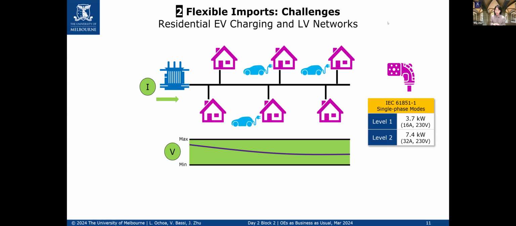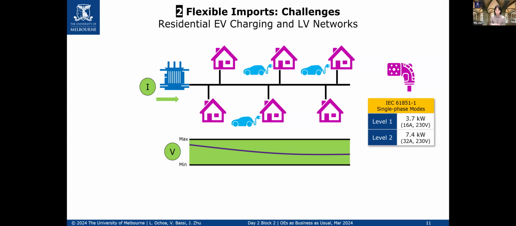But things are going to change fast, and the electric vehicle will be the game changer. By forecast, by 2030, 1 in 5 houses in Victoria will have an electric vehicle. And here you can see a very simple low voltage network, which we have already seen in previous slides. Instead of the solar system here, we consider a scenario with very high electric vehicle adoption.